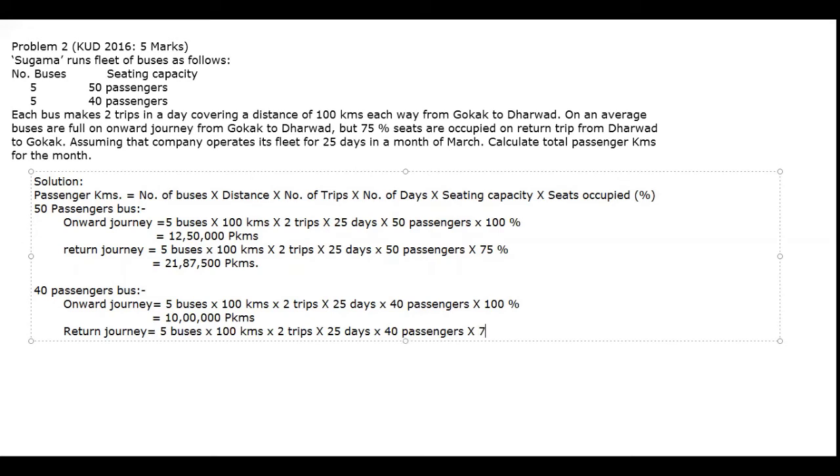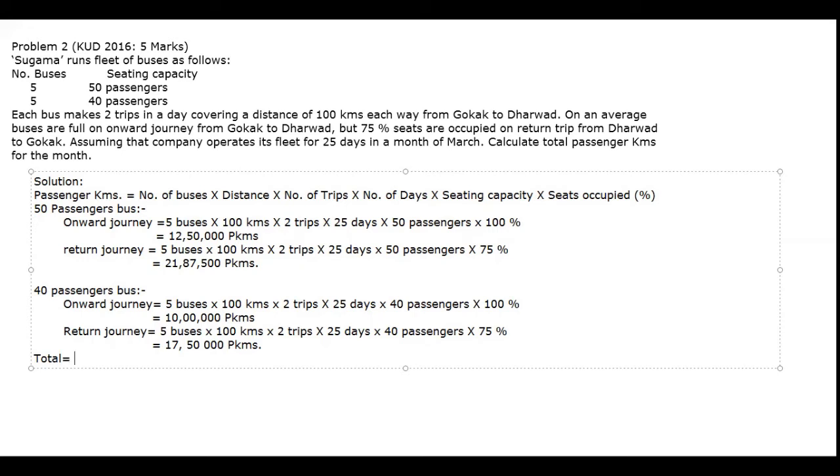It is 75% while returning back. So when we multiply all this, it comes to 17,50,000 passenger kilometers.